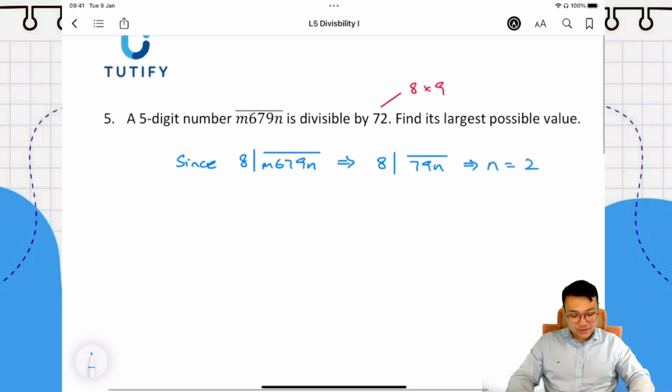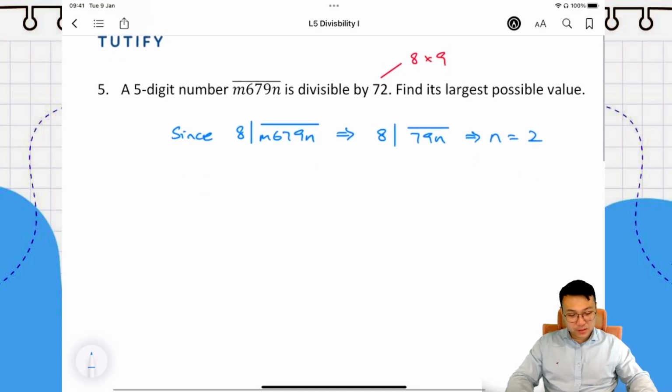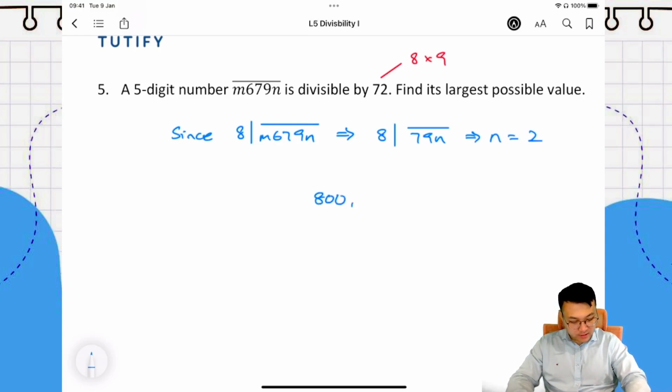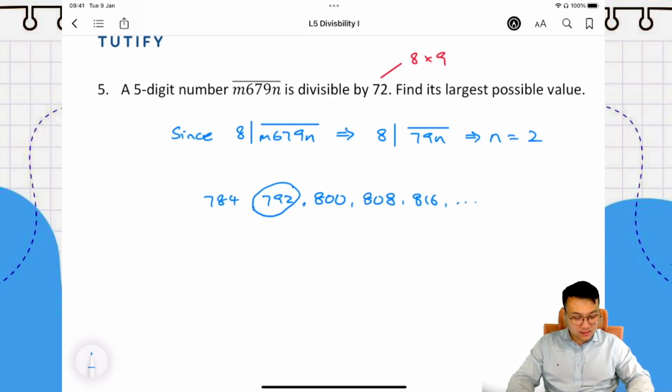Because we already know that the number 800 is divisible by 8, yes? So students, if you observe the 8 times table, all these numbers are divisible by 8. So you can see that this is the only possible answer.